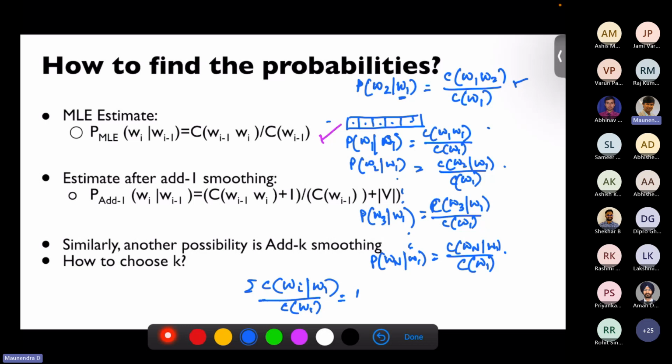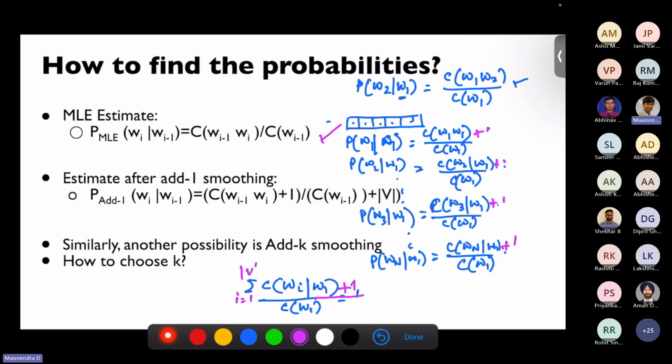But now what we are doing is, for each of them, we are adding a plus 1 in the numerator. When all these summations add to 1, it becomes a probability, nice and simple. But now, since we have added 1 in the numerator, for how many words? i equal to 1 to size of V, which is equal to n.